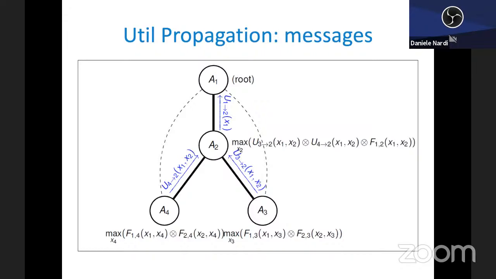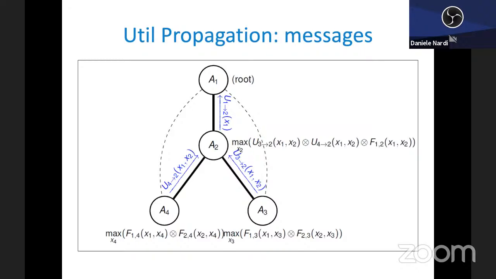So we have two messages, one starting from A3 and one starting from A4, that communicate some structure to A2. And when I say structure, it's because what they're communicating is actually a function. And then A2 does some computation, and then it sends another message to A1. And this will be the end of the propagation phase, all the way from the leaves up to the root.